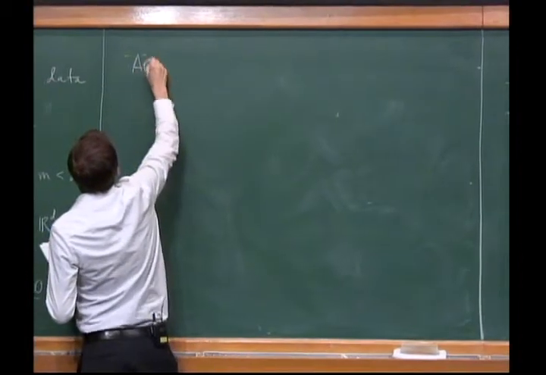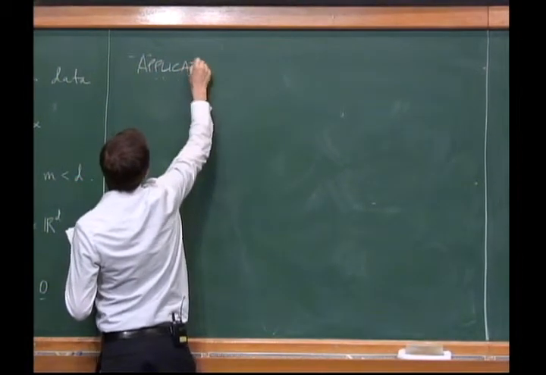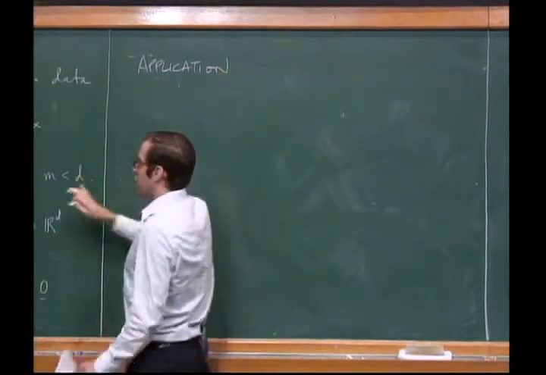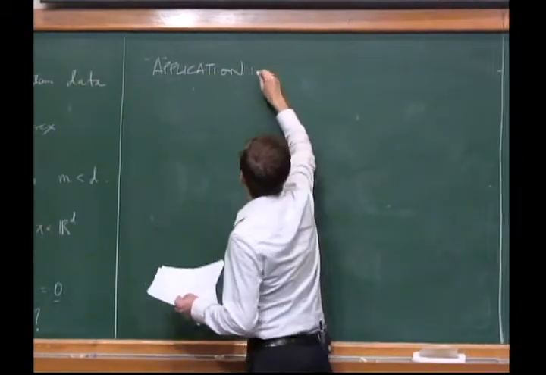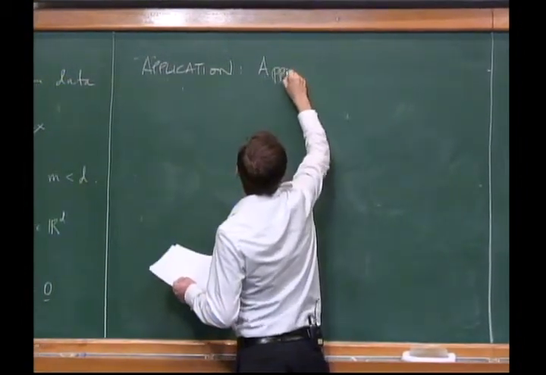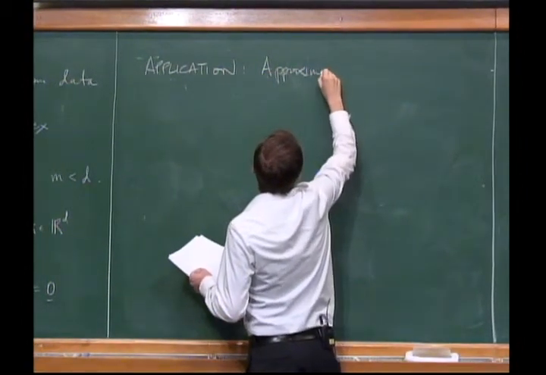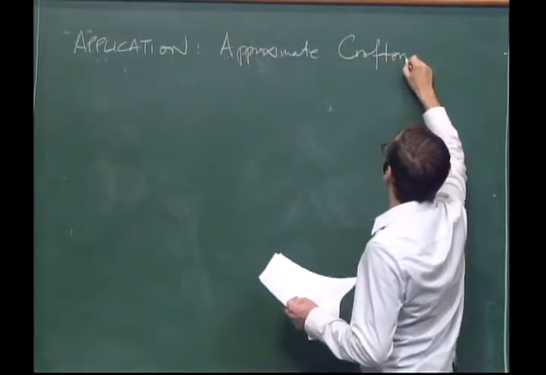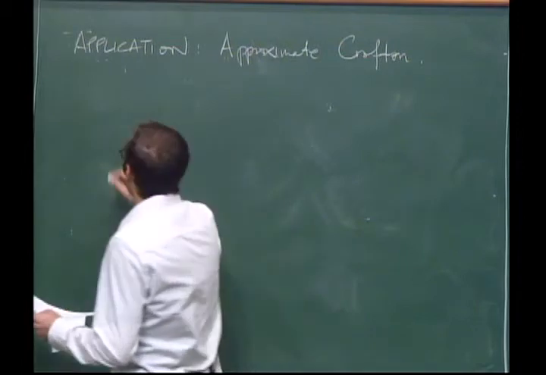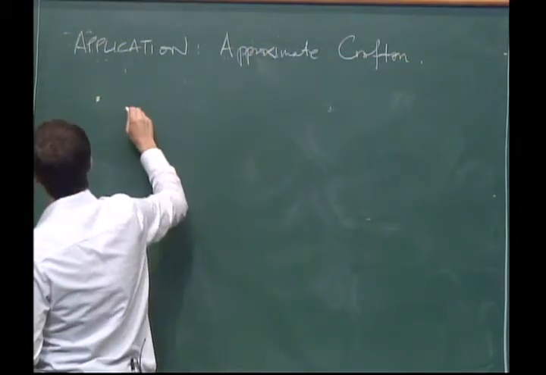So an application which is relevant to this optimization problem that I have not erased yet is an approximate Crofton formula. Let me remind you of the setup here for Crofton.